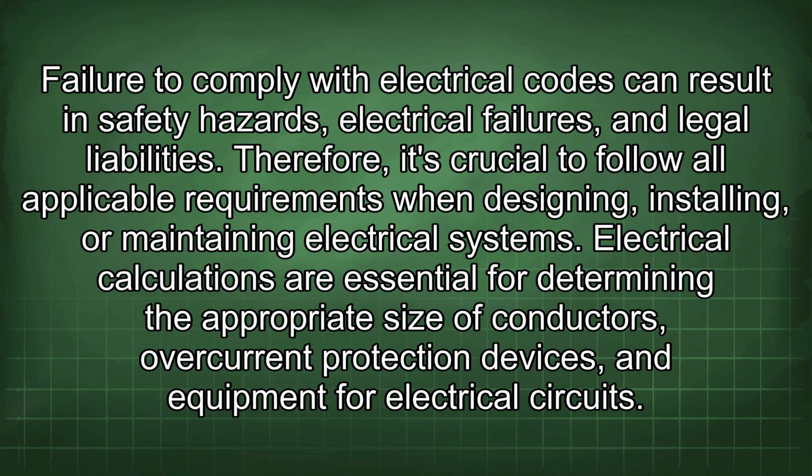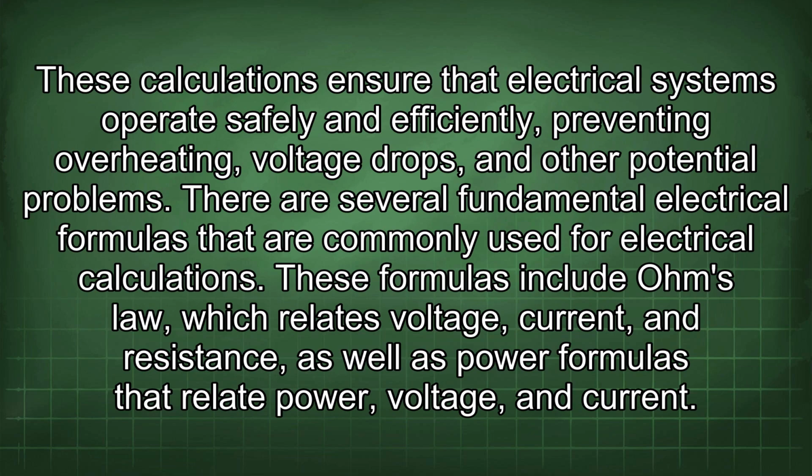Electrical calculations are essential for determining the appropriate size of conductors, overcurrent protection devices, and equipment for electrical circuits. These calculations ensure that electrical systems operate safely and efficiently, preventing overheating, voltage drops, and other potential problems.